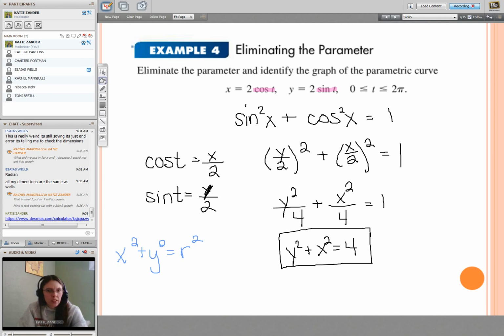Okay. So let me just check out this one and see if we can get it. Let's do x equals 2 cosine of t, y equals to. Okay, hold on. I'm not sure if this is the correct calculator I want to have you guys in. There was one that I used last year.